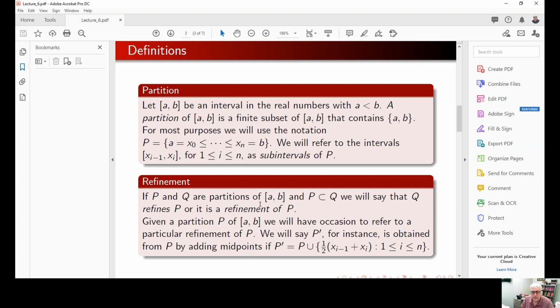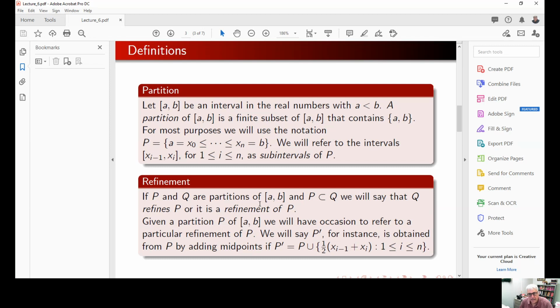The idea is Q is going to contain more points than P. It chops it up into finer pieces. It makes it better because we're going to be using these partitions so that if they're chopped up finer, they're a better approximation of something, and we'll get to that before too much longer.